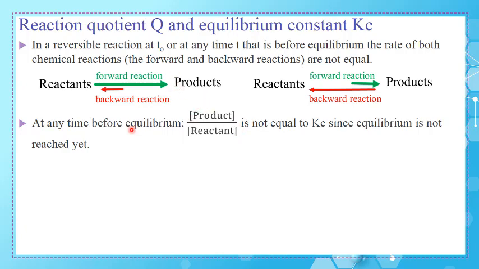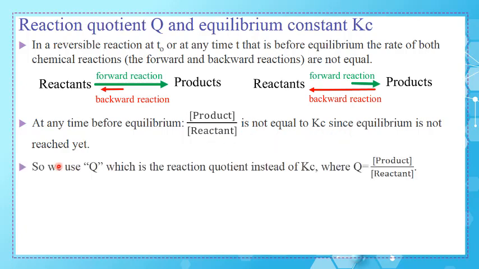So at any time before equilibrium, the ratio of the concentration of the product over the reactant is not equal to Kc, since equilibrium is not reached yet. This is why scientists use the term Q, the reaction quotient, instead of Kc, where Q is equal to the same relation as that of Kc.